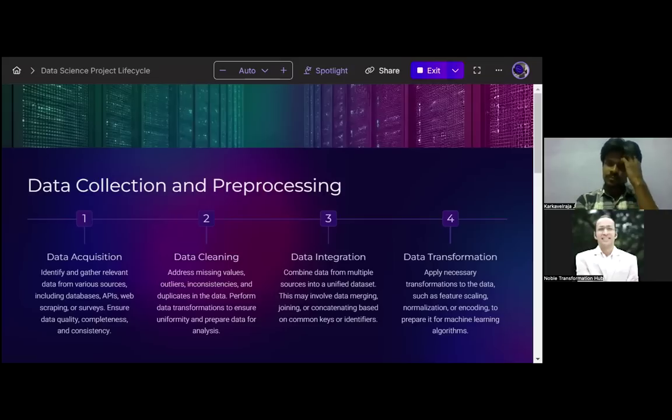You may know cleaning, you may know acquiring, but if you have missed the right source, that would be a big mistake. And when you're merging data and doing data integration, you might make a mistake, which again you have to come back and solve. Only then will you get good performance from the model. So that is very, very crucial.